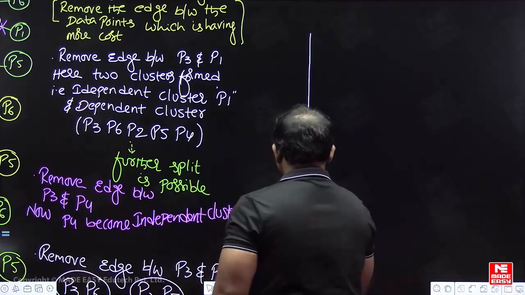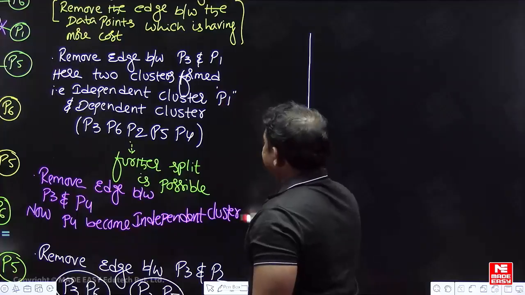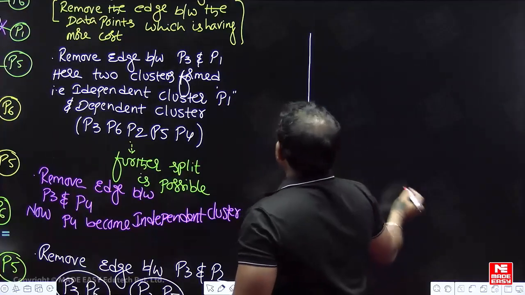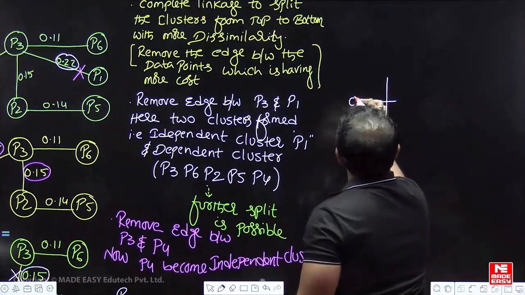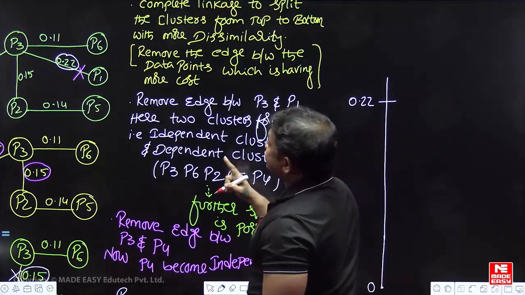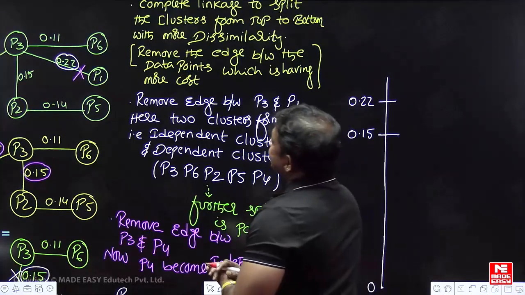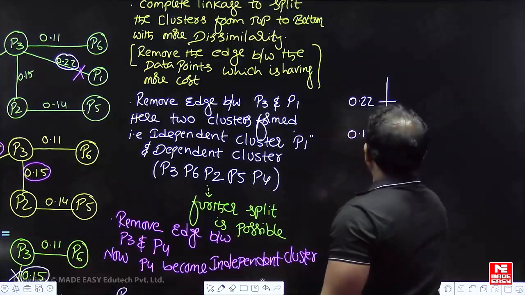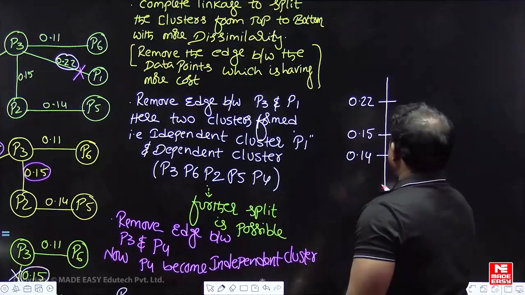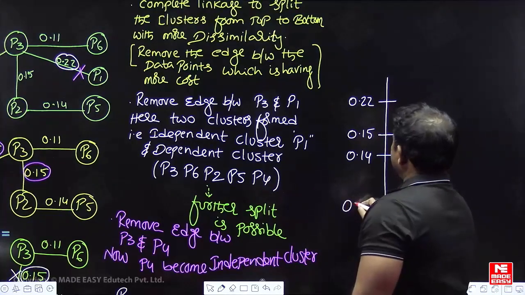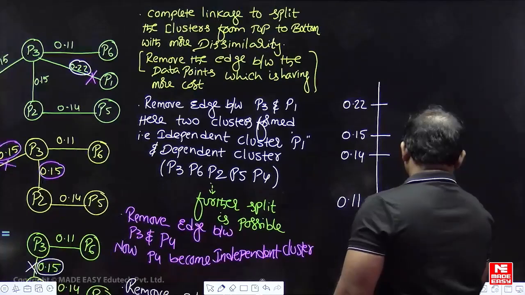This is 0. From where we are getting the cluster splitting, the first one is 0.22. Next one is 0.15, next one is 0.14, and next one is 0.11, like this.